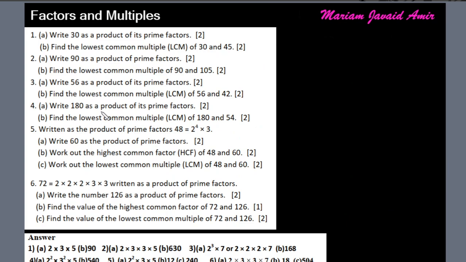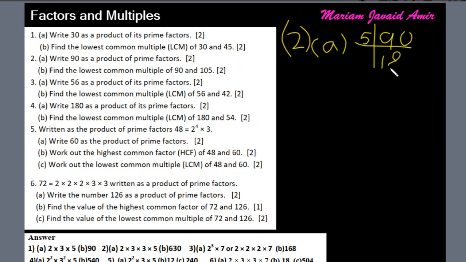Okay, question number 2 now, which is write 90 as product of its prime factors. So again, let's start dividing 90 with the prime number. So let's start with 5. 5 1s are 5, and 4 gets carried, 40 and 18.